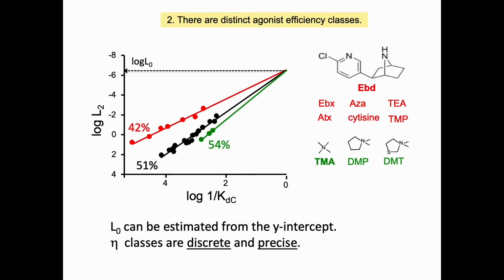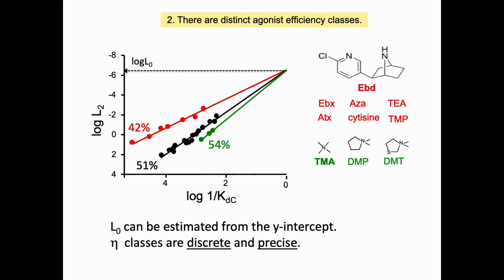We did this for about 20 different agonists, and some of them fell on a line having a different slope, which gave an efficiency of 42%. And those include epibatidine, as I showed you in the dose response curve in the last chapter, but also epiboxidine, anatoxin A, azabicycloheptane, which is just the head group here, and cytisine.